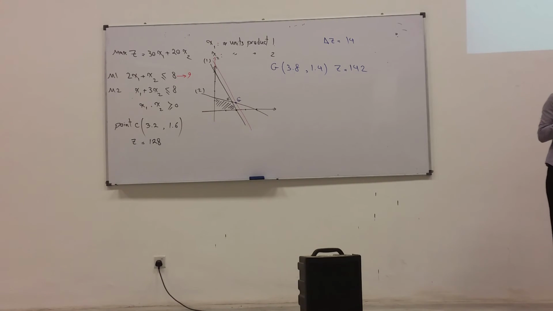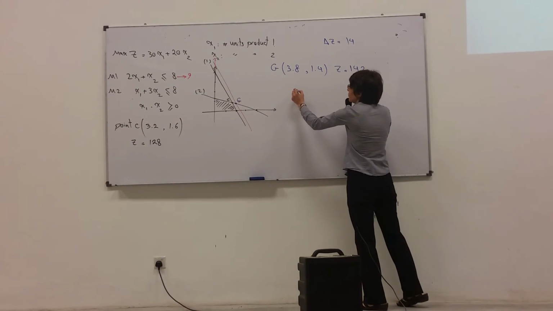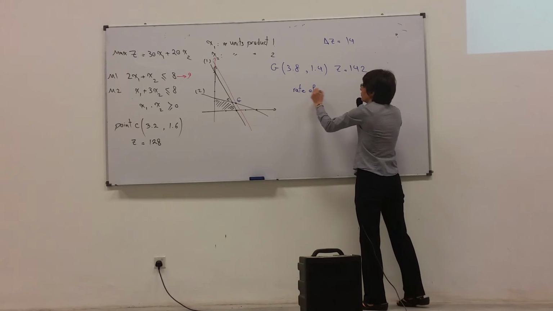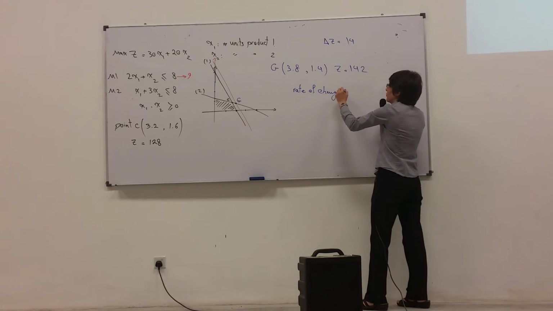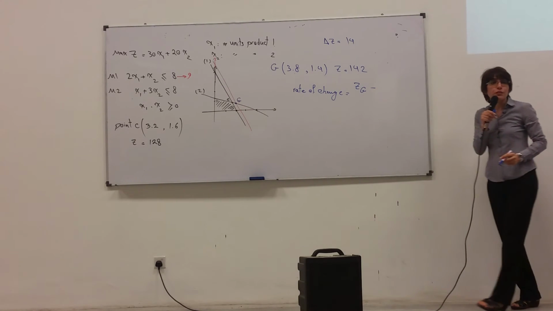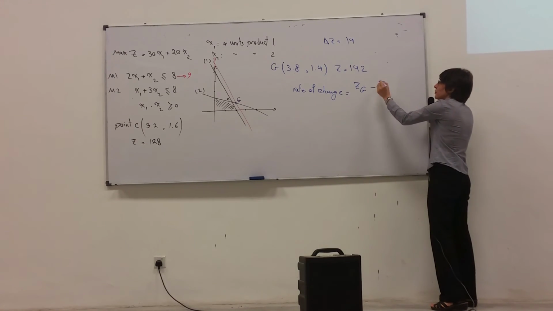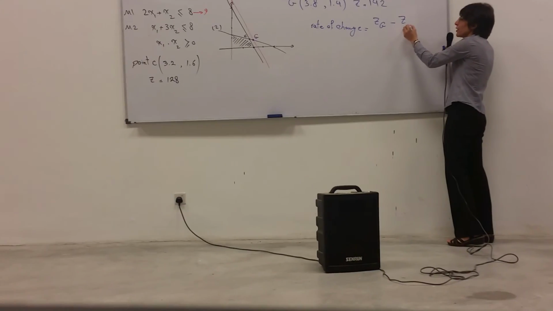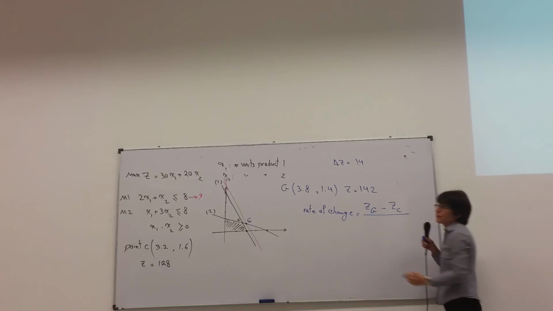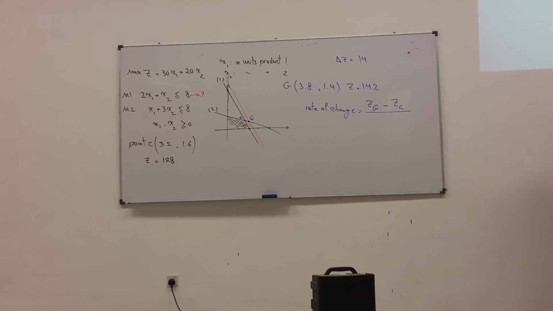Z of G means the new optimum value, minus the old objective value, divided by the capacity of the change.